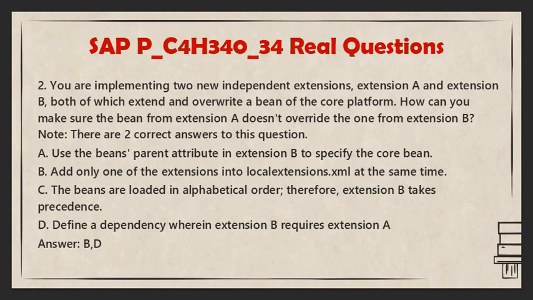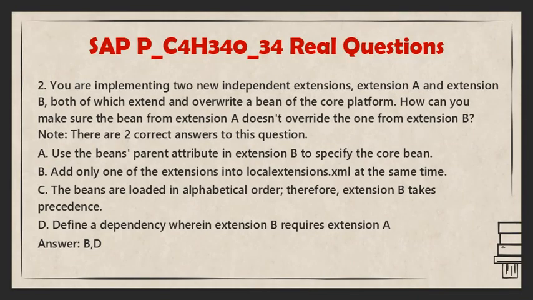2. You are implementing two new independent extensions, Extension A and Extension B, both of which extend and override a bean of the core platform. How can you make sure the bean from Extension A doesn't override the one from Extension B? Note: there are two correct answers to this question. A. Use the bean's parent attribute in Extension B to specify the core bean.